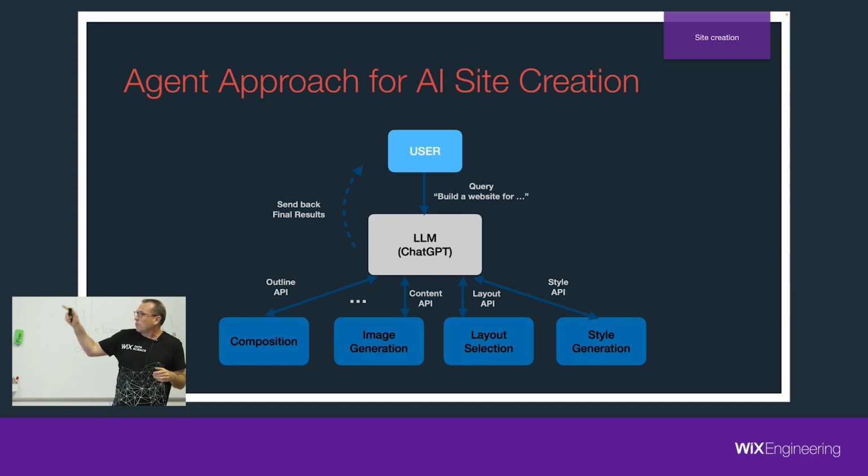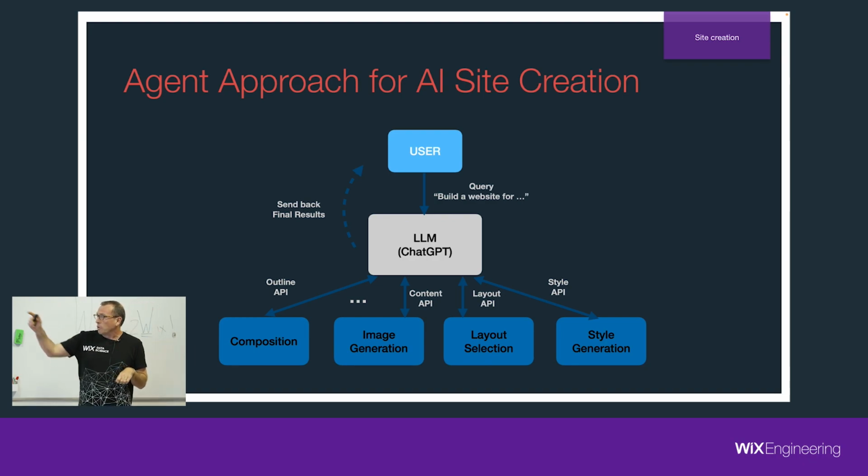The heart or the brain behind such a system can be your ChatGPT or your large language model. And here you need a really sophisticated large language model. The large language model gets a query that says, I don't know, build me a website for a dog walker in Tel Aviv. Then ChatGPT builds an outline out of this.